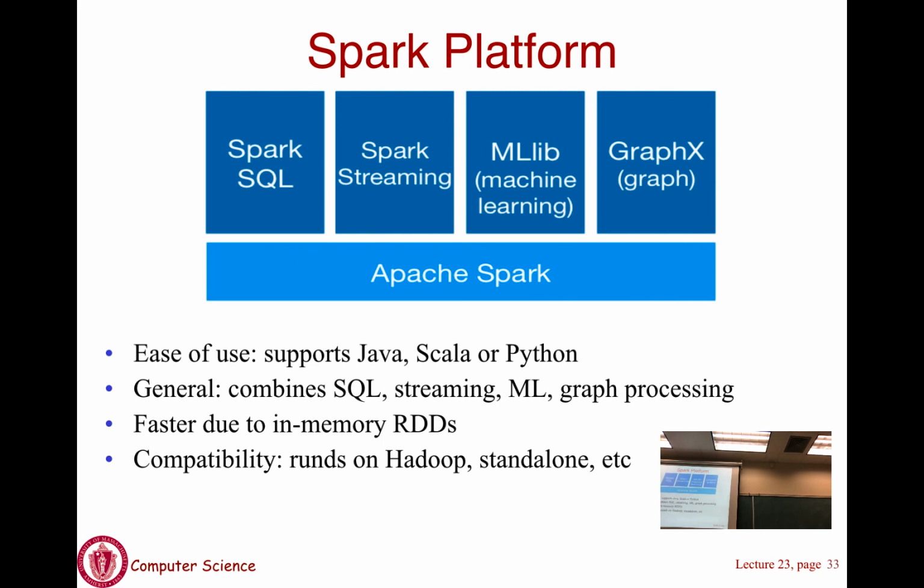There's a competitor to TensorFlow and Caffe and all these other things. And you can do graph processing and so on. So it's emerging as a more generic data processing platform, because if you have fast parallel or distributed data processing, you can use it for many different scenarios. And it is backward compatible in that it would also run things like Hadoop jobs.